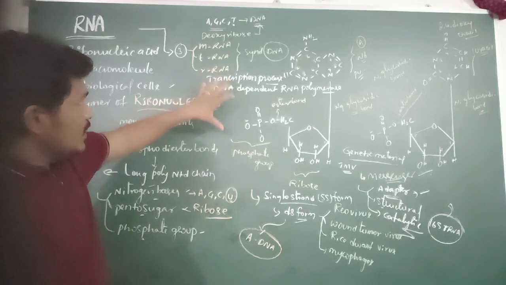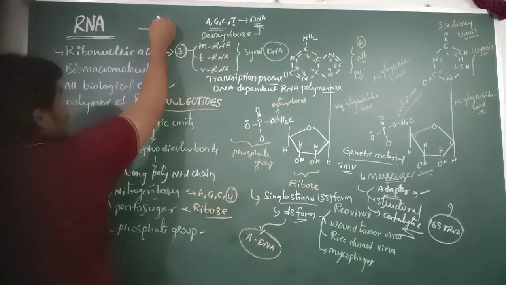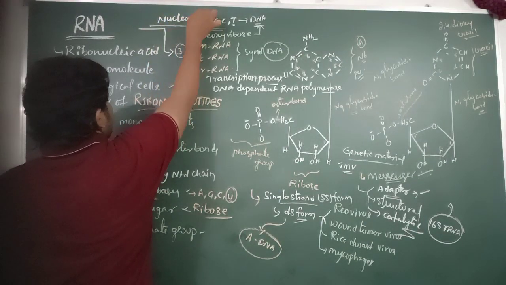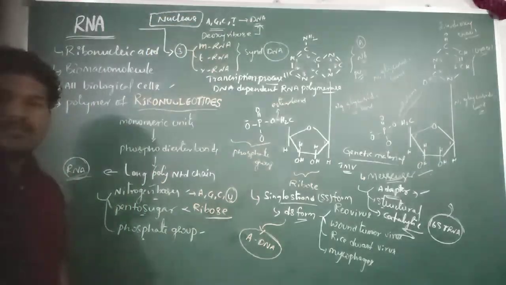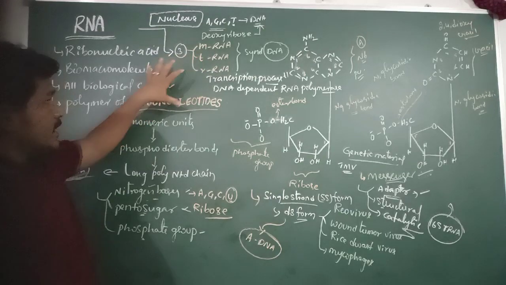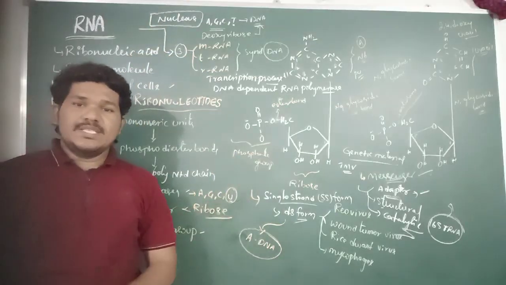All these three different kinds of RNA molecules are synthesized in the nucleus, and the synthesized RNA molecules are transferred from the nucleus to the cytoplasm for protein synthesis.